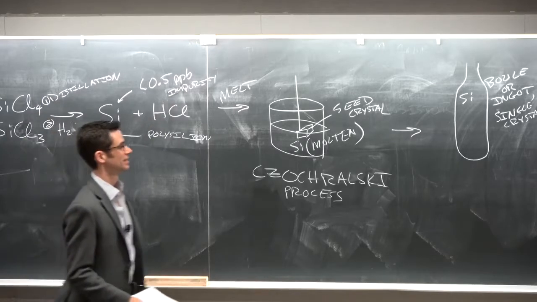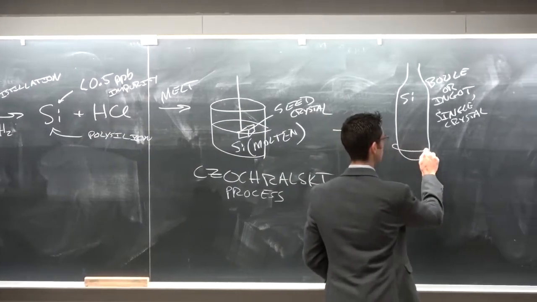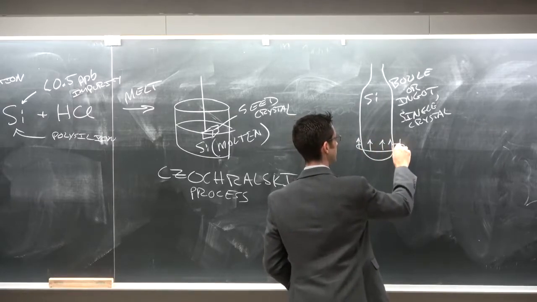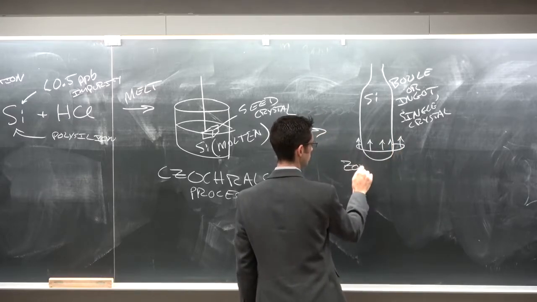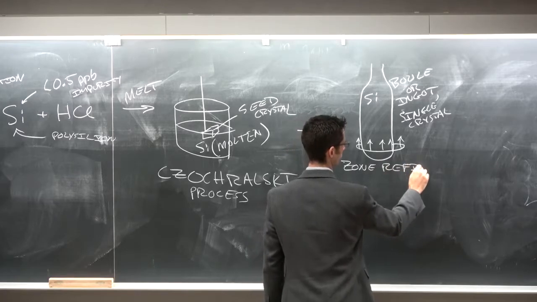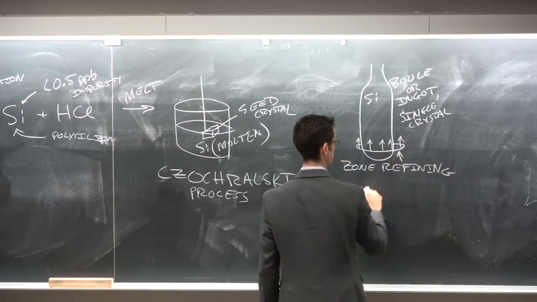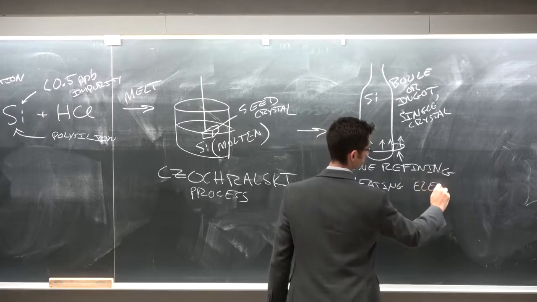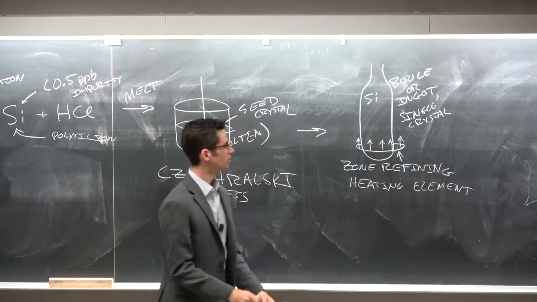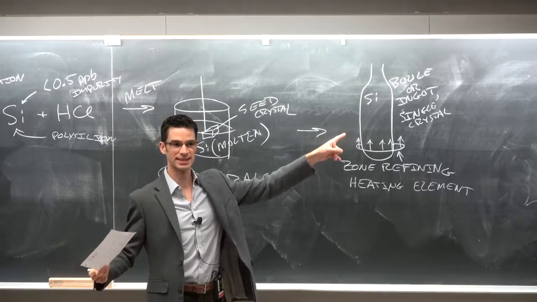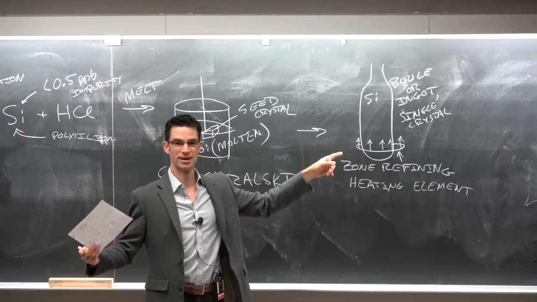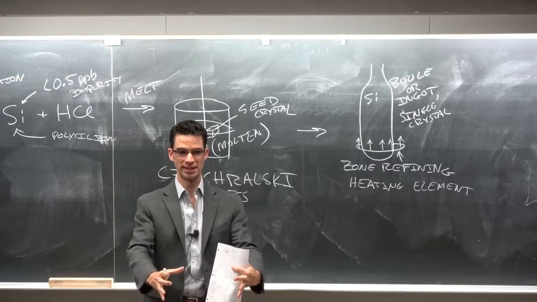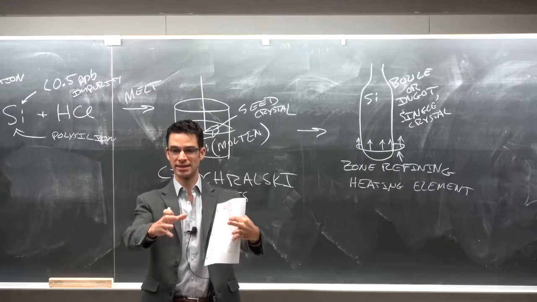Still not good enough. So what is then done is a process called zone refining, or float zone refining, or the float zone method, where you take a heating element and you encircle the pool of silicon, and you heat it up past the melting point of silicon, and you slowly raise the heating element with respect to the silicon ingot.